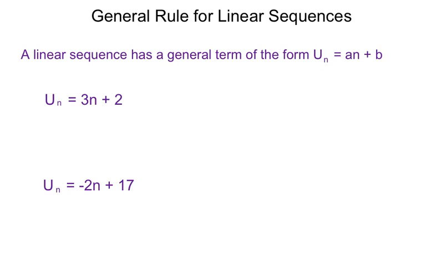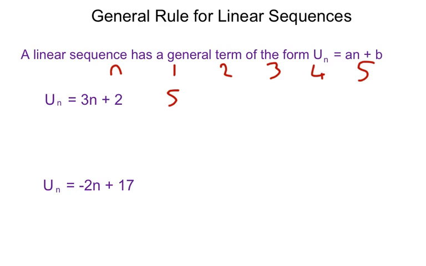So a couple of examples of linear sequences then. We have un equals 3n plus 2. And for our values of n, if we write n across the top here, we could have 1, 2, 3, 4, and 5. Let's look at the first 5. When n is 1, we get 3 times 1 plus 2 is 5.